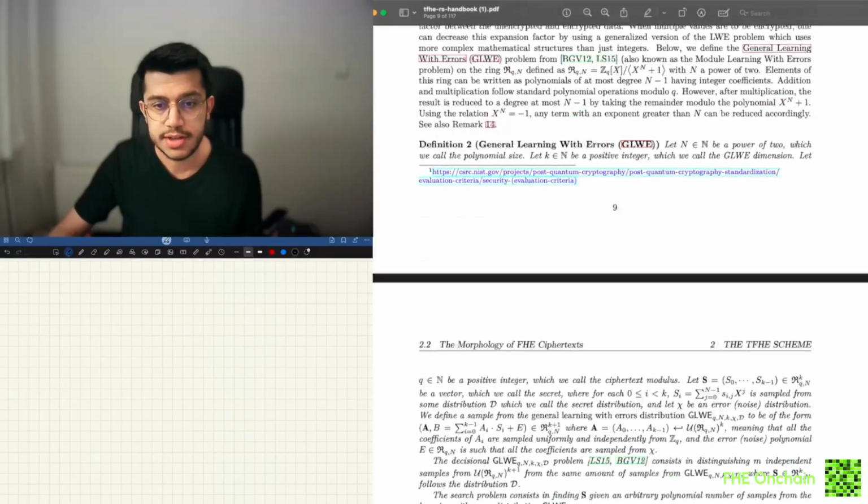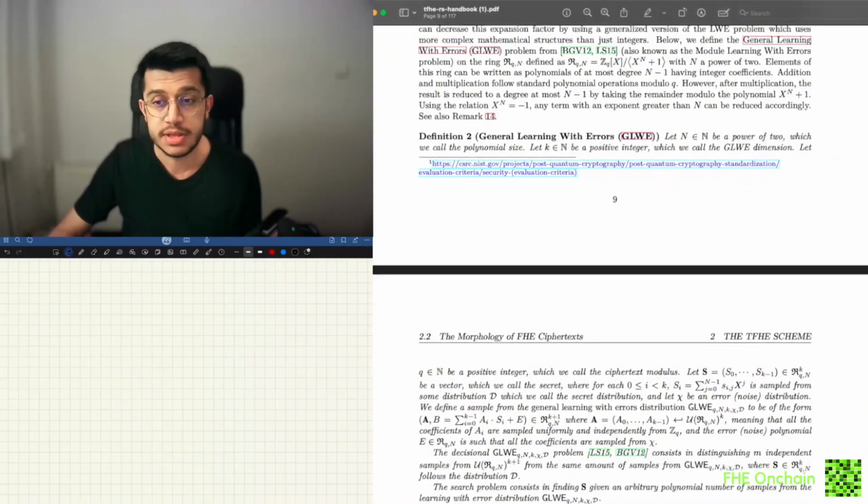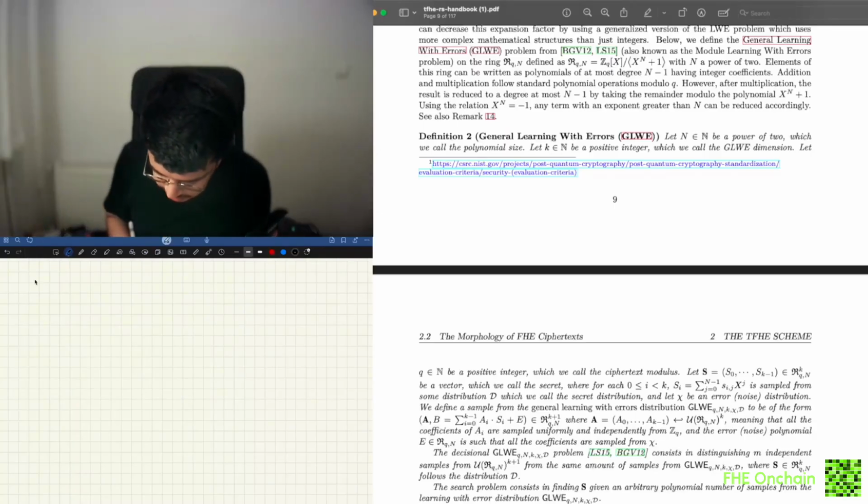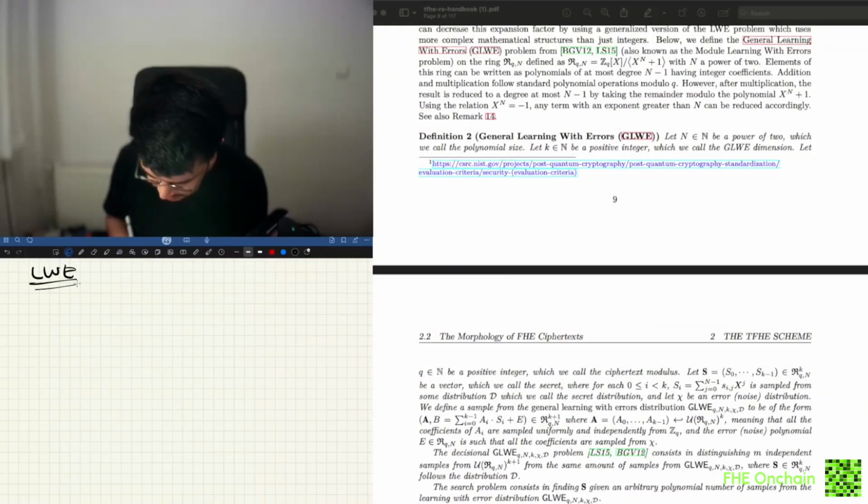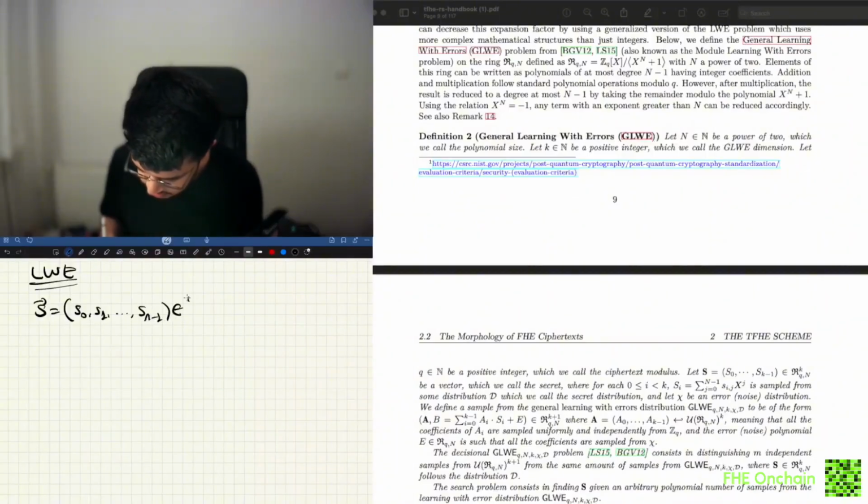The second definition is GLWE, or general learning with errors, where we're dealing with vectors of polynomials. In the LWE setup, we had the secret being a vector of numbers from the ZQ^n vector space.